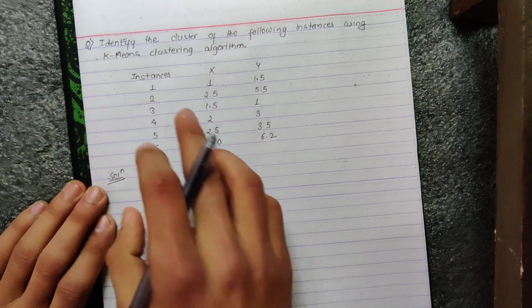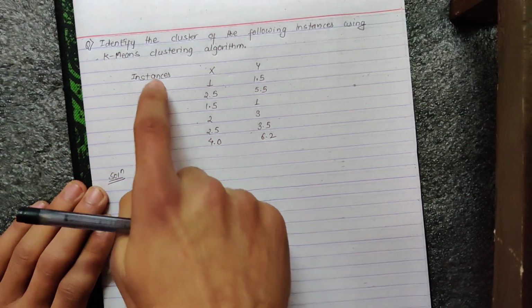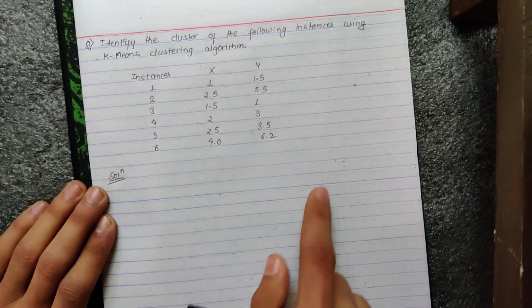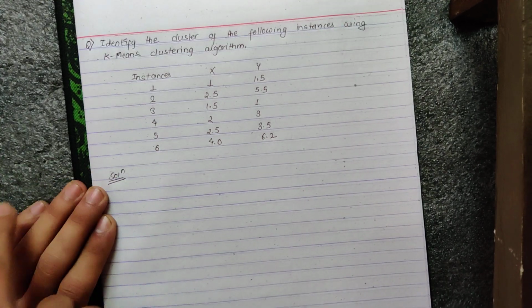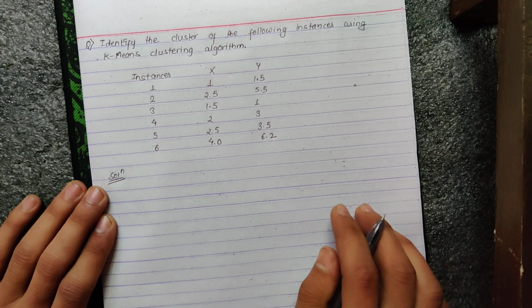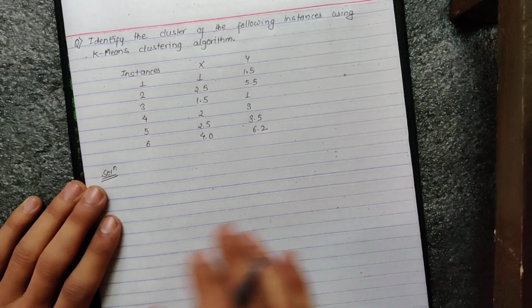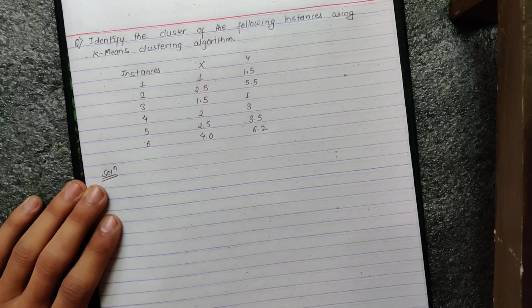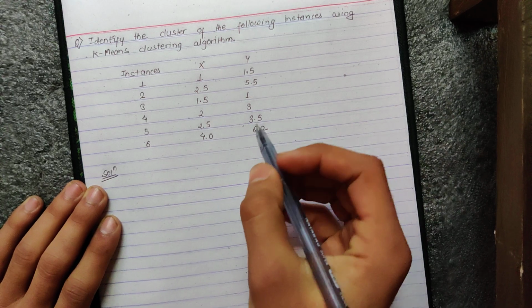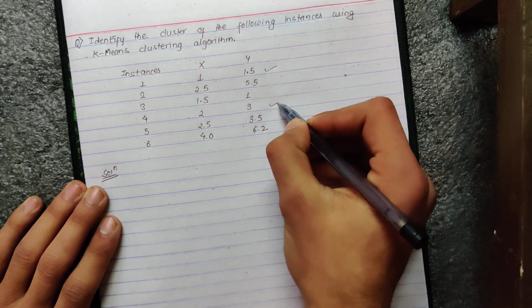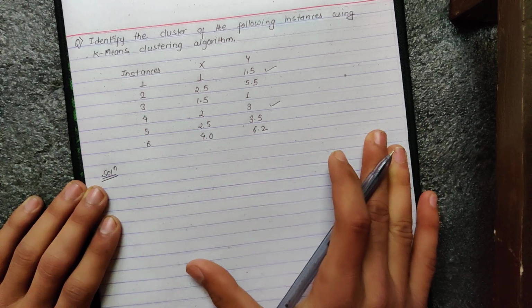As in the question only the instances are given, 6 instances are given here. The question hasn't specified any number of clusters and it hasn't given the cluster points, so we need to choose cluster points randomly. Let's choose this and this point as clusters. I am doing it completely random.